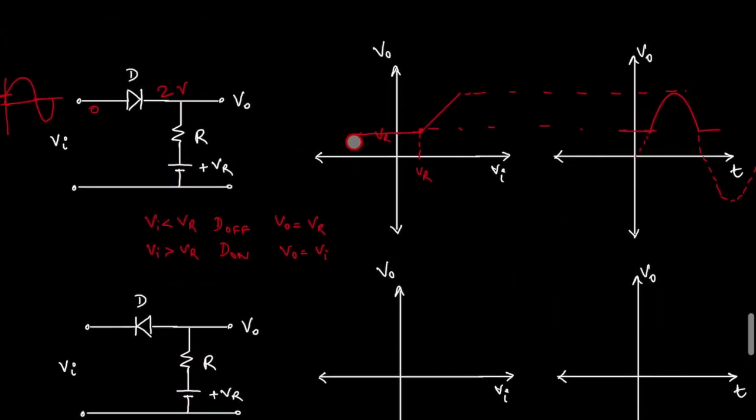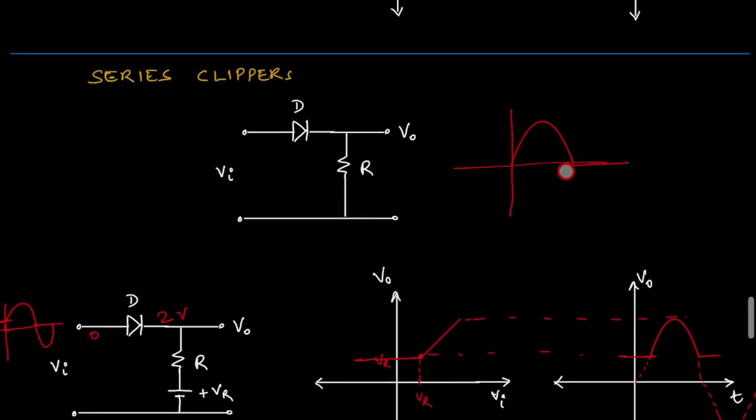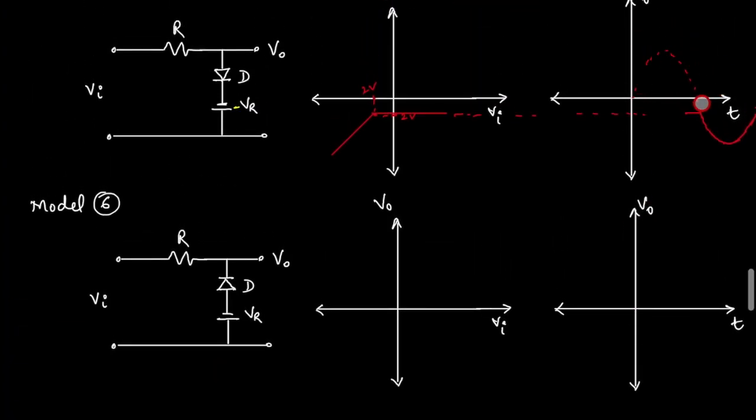So I hope you have understood how to analyze and draw the transfer curve and its output curve for any given circuit. The combination may be anything like this. We are calling it clipping because this negative part is clipped. Here total negative is clipped, here positive with some reference voltage. So we can change this reference voltage, right?